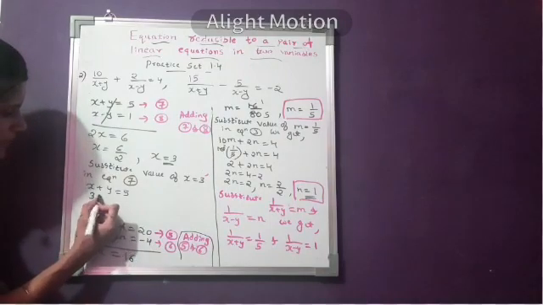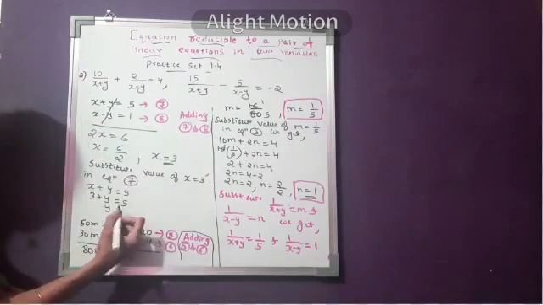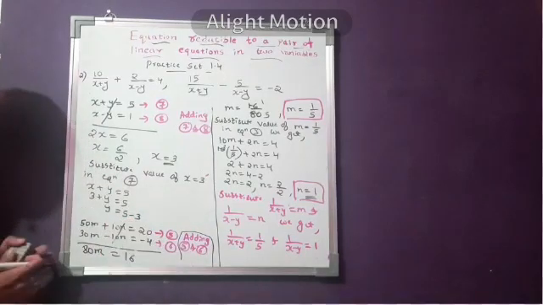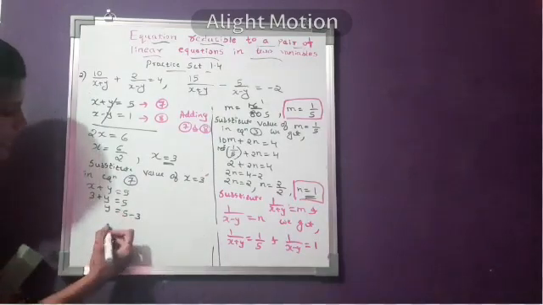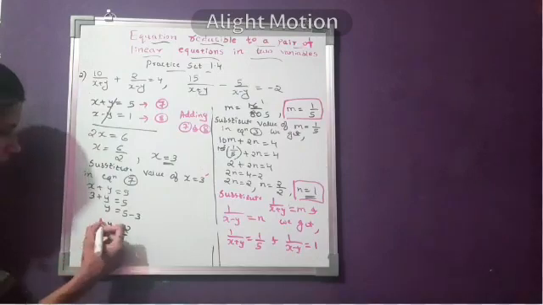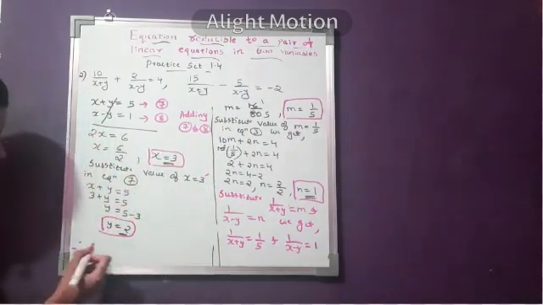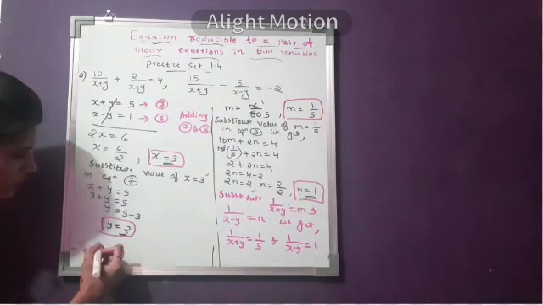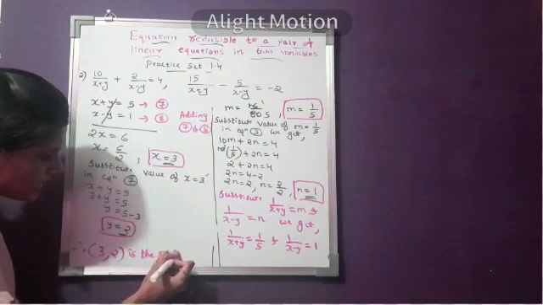You have got 3 plus y is equal to 5. y is equal to, 3 will bring this side, 5 minus 3. So you have got y is equal to 2. Here x is equal to 3. Therefore, (3, 2) is the solution of the equation.